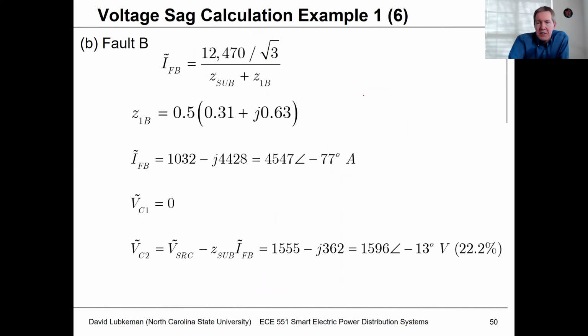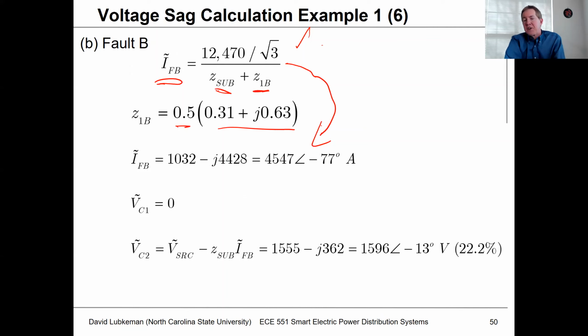So in this case, if it's the fault at B location, then the fault current is the substation voltage divided by the net impedance to the fault. That's the substation impedance plus the impedance from 1 to point B. Impedance from 1 to point B is the line length times the 336 impedance per mile. And then when I substitute into here, I get this fault current of 4,547 amps at an angle of minus 77 degrees.